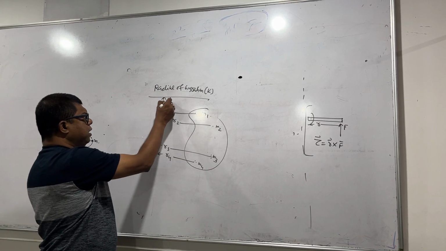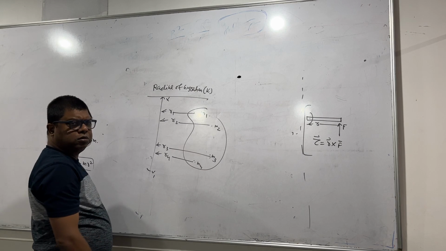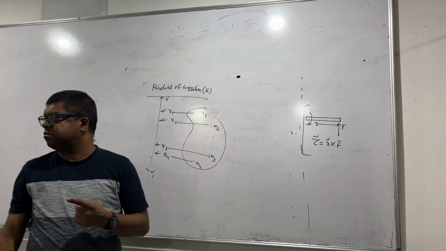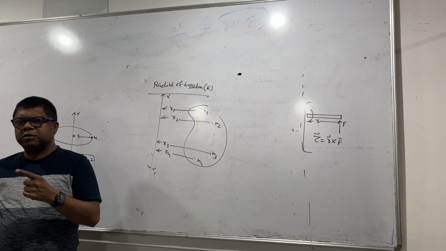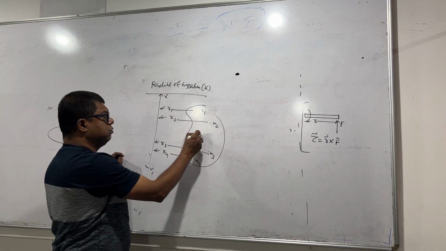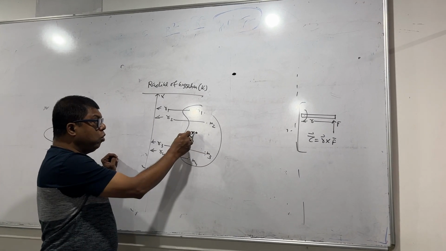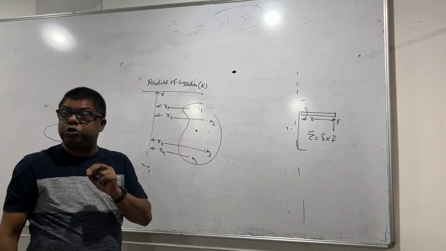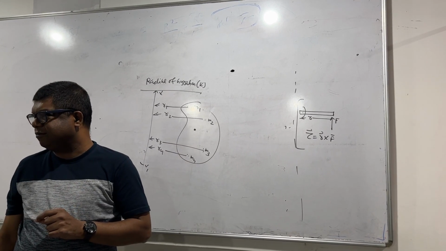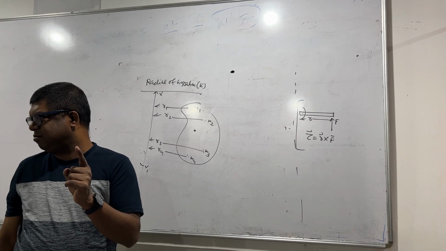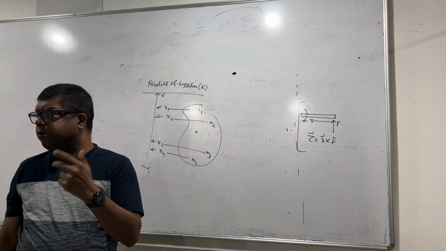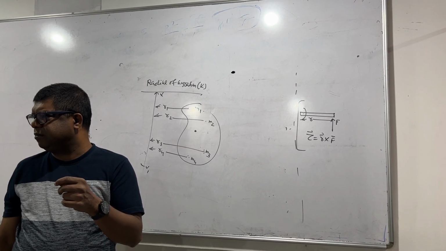And this is the radius of gyration of the body about this axis of rotation. It is the distance from a point at which the whole of the mass of the body is supposed to be concentrated, not the center of mass. It may or may not be the center of mass.